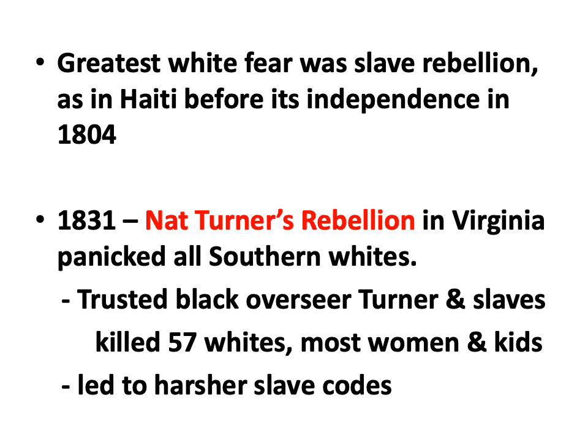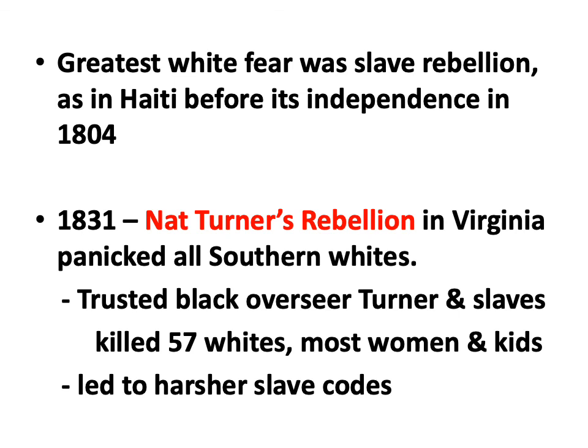The greatest fear of whites was slave rebellion. Because you look at a plantation, particularly a larger plantation, there are dozens or hundreds of slaves, and the white slave owner, his wife, family, perhaps a few other white workers, and they could easily be overtaken and killed by the slaves.